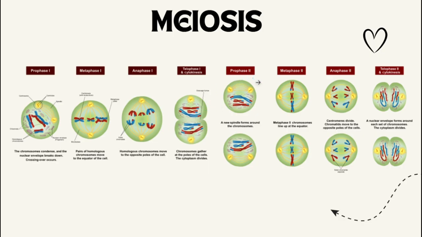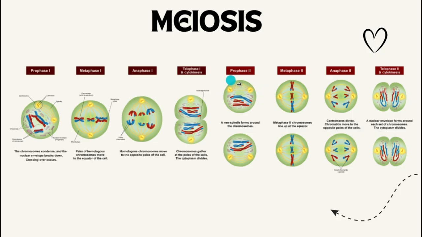So now prophase 2. Bear in mind, even though it's splitting into two, it doesn't necessarily split completely, right? It now has the pinch right here. But in prophase 2, it's basically the same thing that's going to happen.